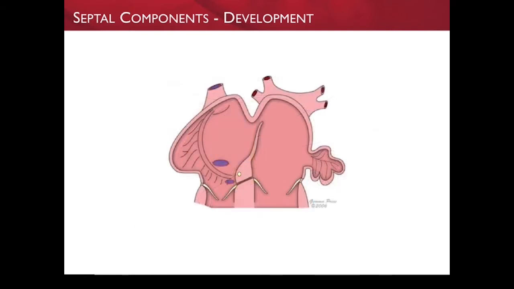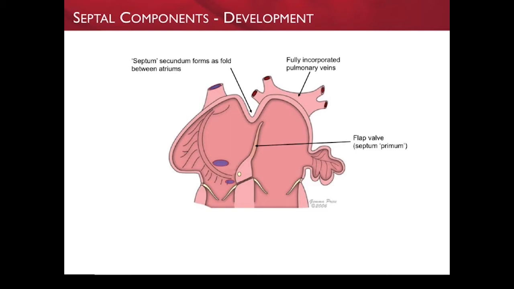And it's only really much later in development, when we have full incorporation of the pulmonary veins within the left atrium, that we begin to see a fold developing between the 2 atrial chambers. And this is what is known as the secondary septum. And then, of course, we have the primary septum, which forms the flap valve, and in between those 2 structures we have the ostium secundum, otherwise known as the oval foramen.